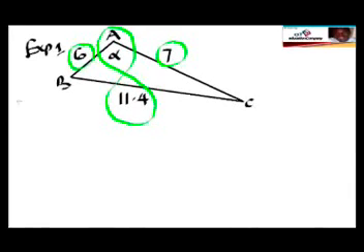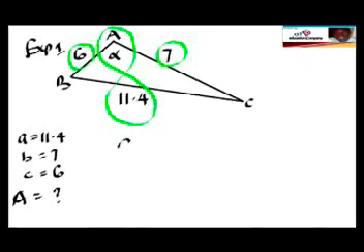So we'll just go ahead and apply the formula. Small letter a is 11.4, b is 7, c is 6 units, and cos capital A is what we are looking for.